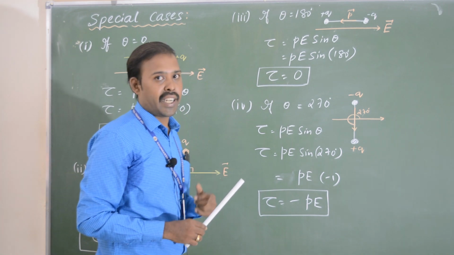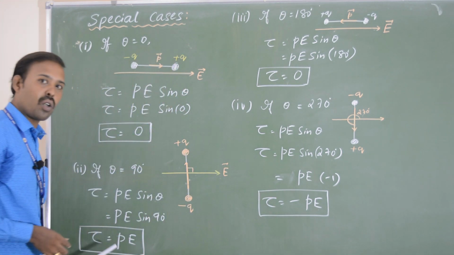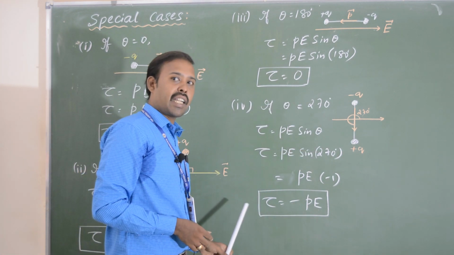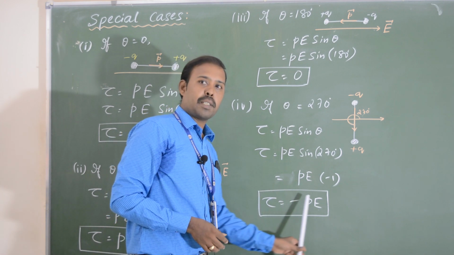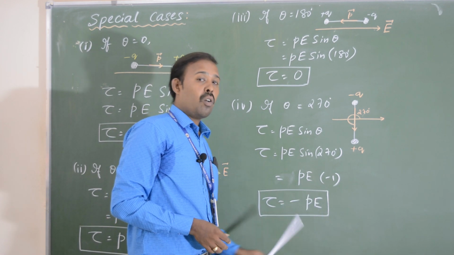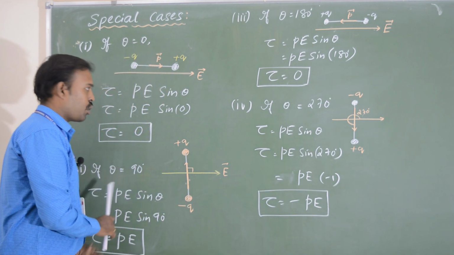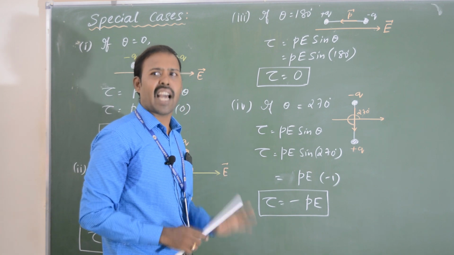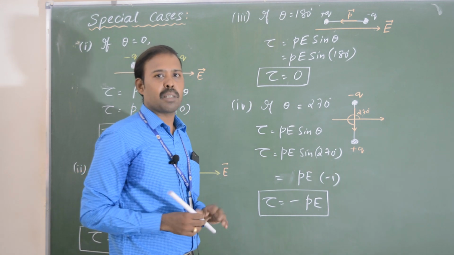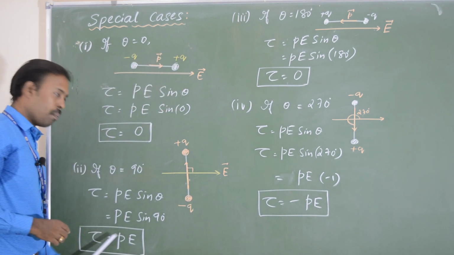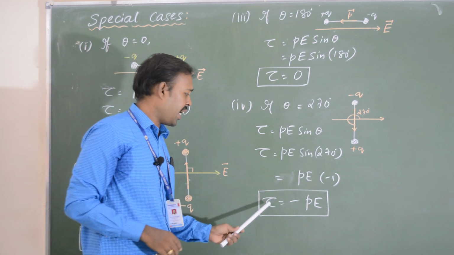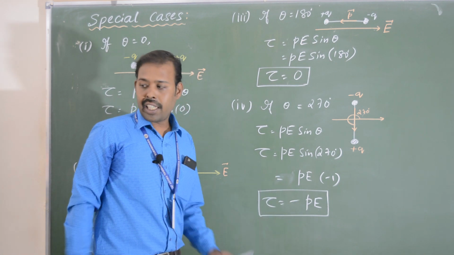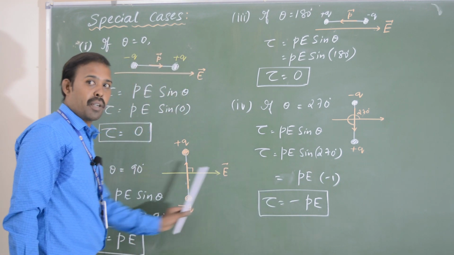When theta was 90 degree, it experienced a torque, tau is equal to P into E. When theta is equal to 270, it is experiencing a torque, that is tau is equal to minus P into E. Now both these cases, case 2 and case 4, are not in equilibrium because it is experiencing a torque. When theta is 90, it is experiencing a torque of tau is equal to P into E, and when it is 270 degree, it is experiencing a torque of tau is equal to minus P into E. These two cases are not in equilibrium.